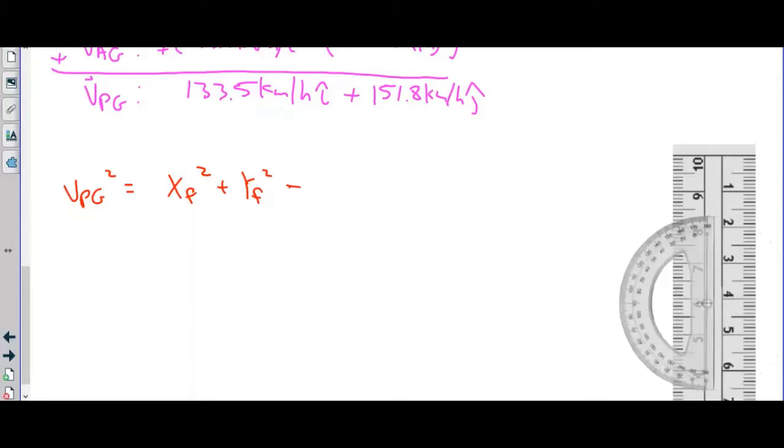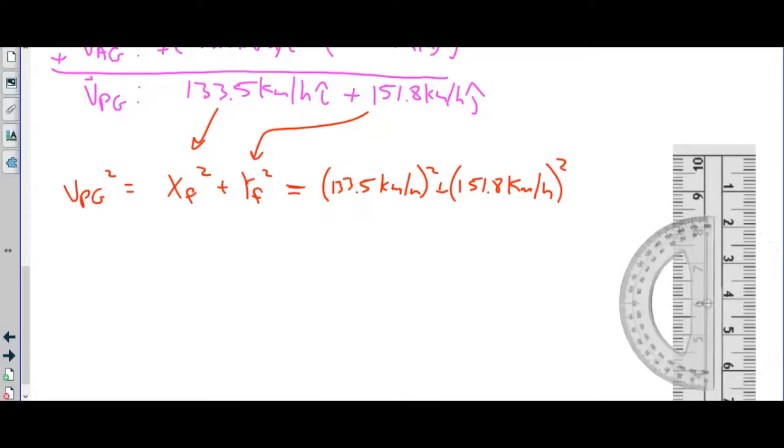Okay, so we'll just plug those two values in, and you end up with 133.5 approximately kilometers per hour quantity squared plus 151.8 kilometers per hour squared. And then add those together, take the square root.